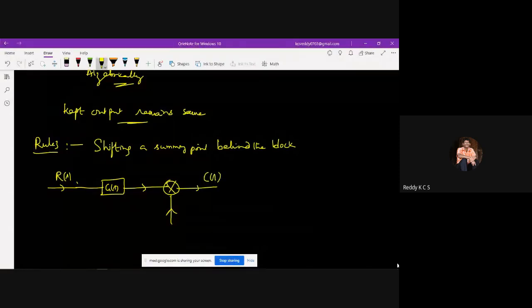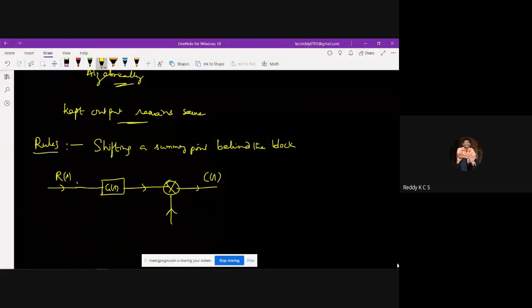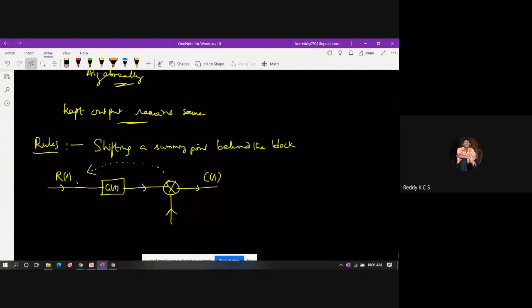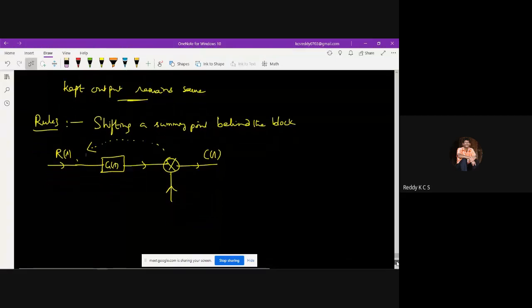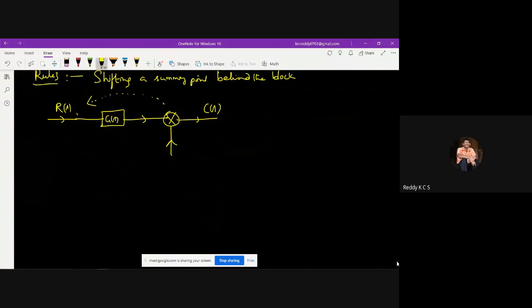Say I want to shift this summing point behind the block, meaning from here to here; the summing point has to be relocated to the left side. Without affecting the output, what does that mean? Say this is the signal y.